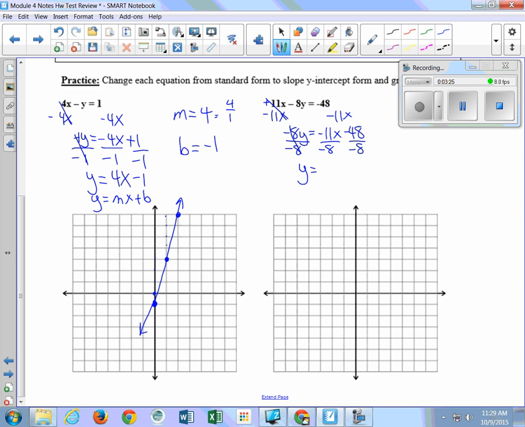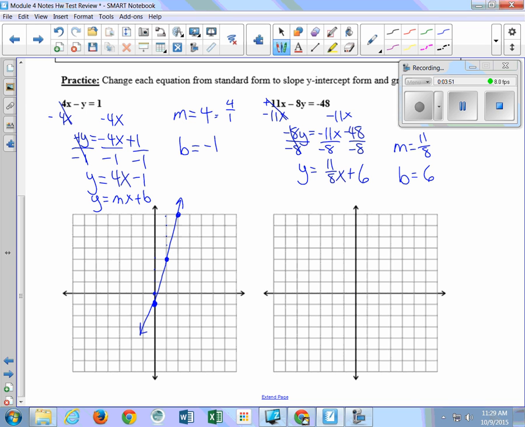I'm not going to change that to a decimal. I'm going to leave it as an improper fraction. Both the numbers are negative, so it becomes positive. And then 48 divided by 8 is 6. And since both numbers are negative, it becomes positive as well. So now I have a slope that equals 11 over 8 and a y-intercept that equals positive 6.